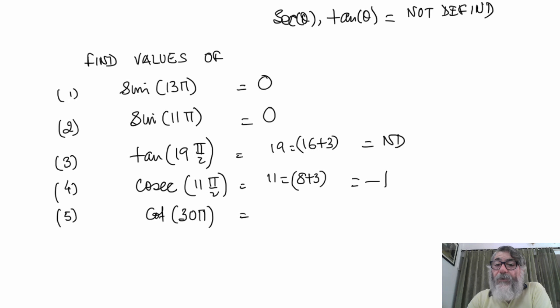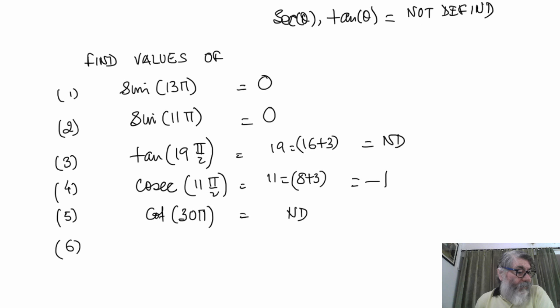And cot will be what? Cos upon sine. So it will be not defined. Why? Because cot is not defined along the horizontal line. These things you have to remember. Write 10 times the same thing and you will remember. Otherwise, remember the table. Look into that table and you will be able to correlate it.